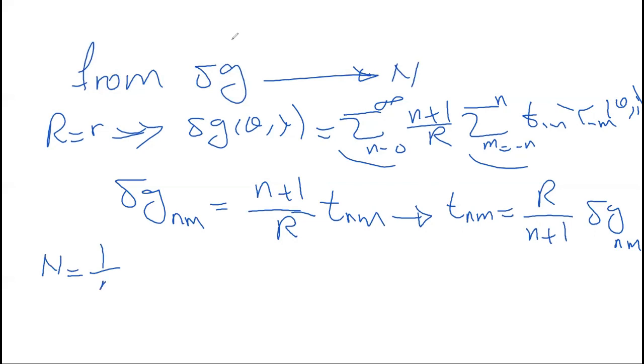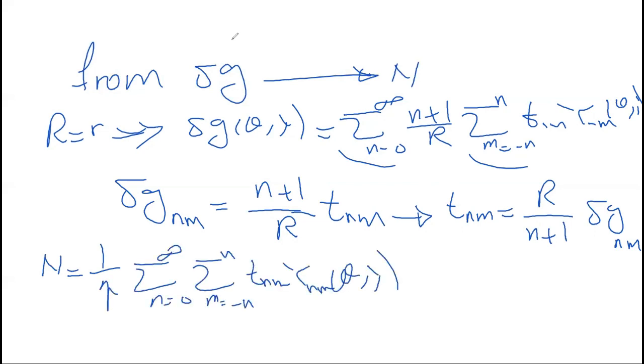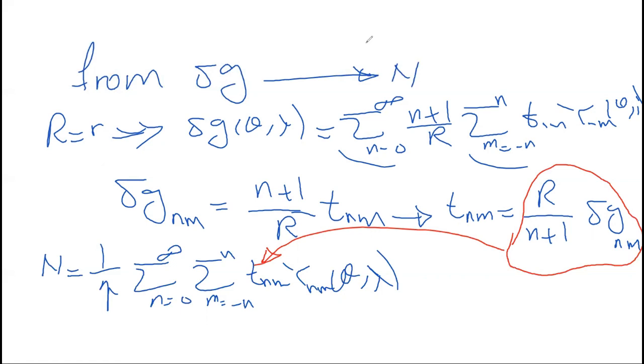It was 1 over gamma. So that's interesting. This comes here. If this comes here, then I can make an equation which connects the geoid directly to the spherical harmonics of the gravity disturbance.